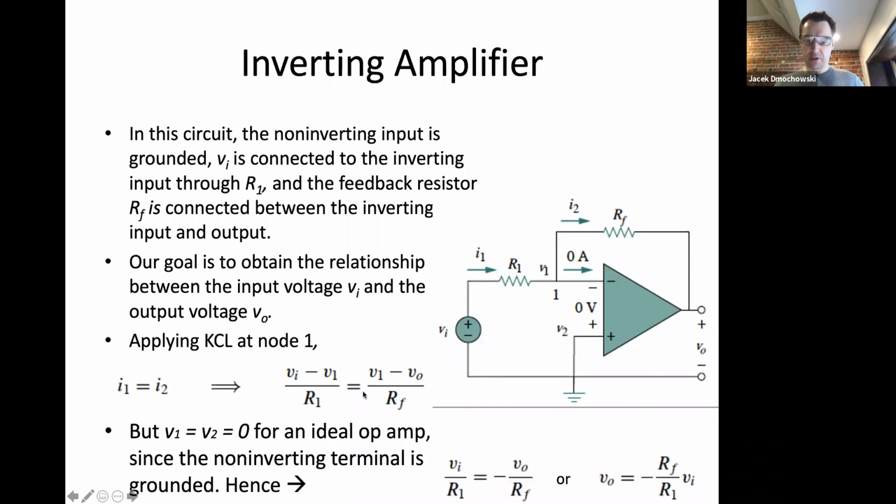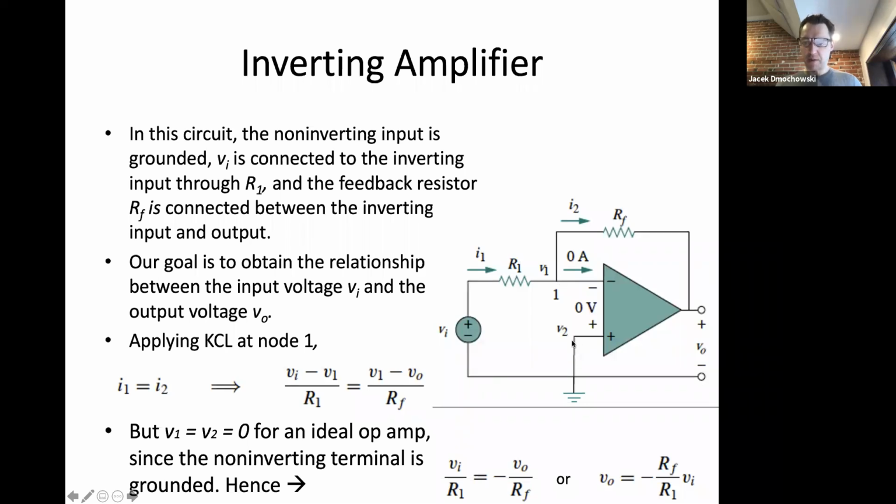And it's very easy to rearrange this. Basically, you just cross multiply and solve for V naught, right? And V1 is equal to 0. Why is that? Because again, the ideal op amp assumption states that these two inputs are both sitting at the same voltage. So in this case, they are equal to each other and to 0.